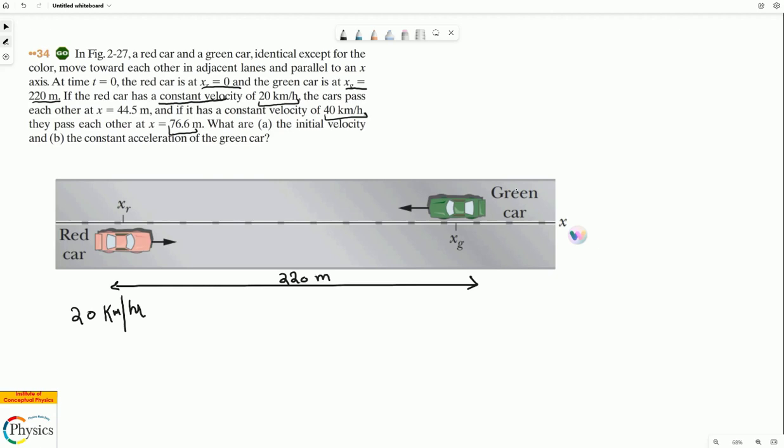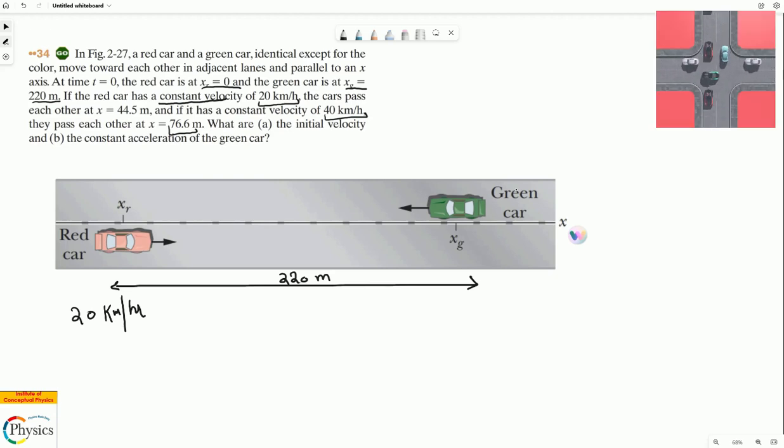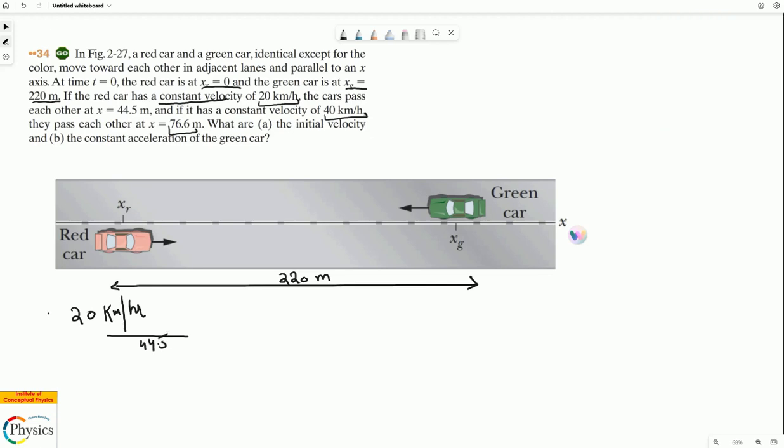And of course, the meeting point is at a distance of, let's find out. So this is the meeting point. It's around 44.5, right? If the red car is moving with 20, the meeting point is somewhere here, okay? This is just an approximation.